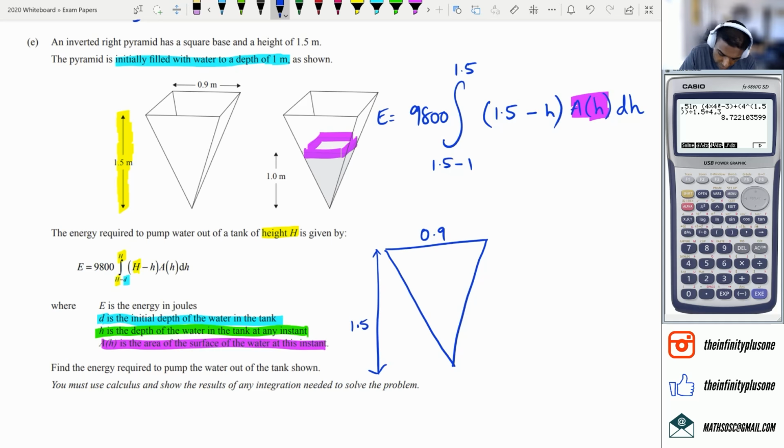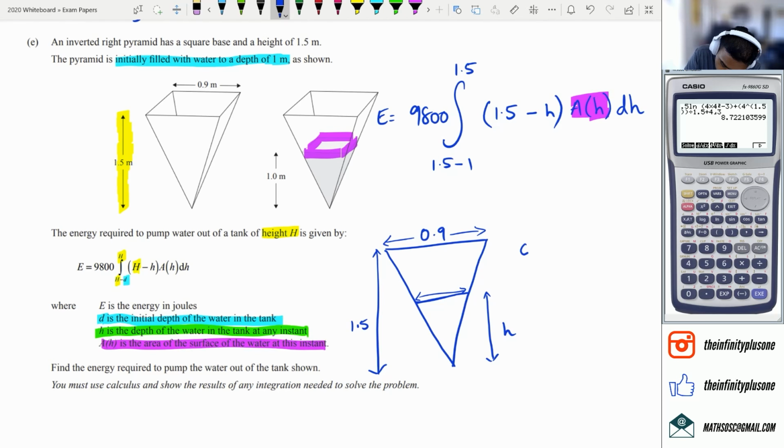Now what we need to know is what that area is at any given height. We don't know what the height is. The height is going to be here. And I'm hoping that by drawing this out, you can see that you have to use similar triangles. Because 0.9, the length from here to here, has got to be proportional to h as well.